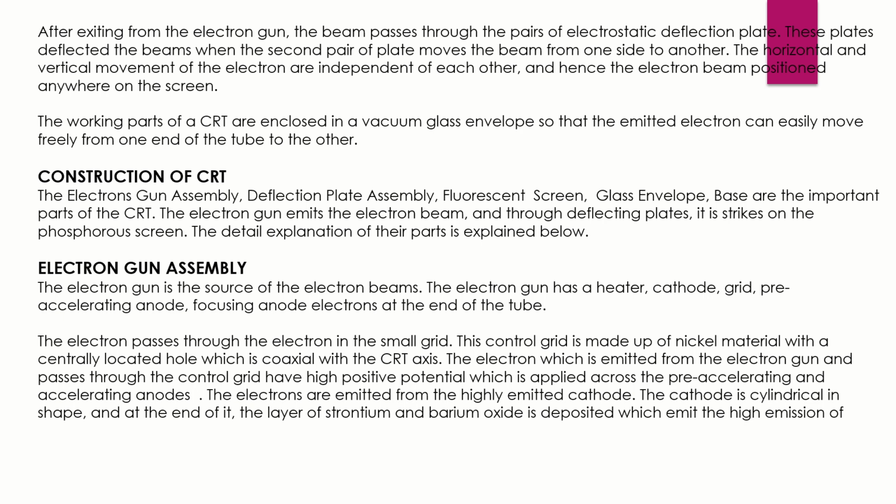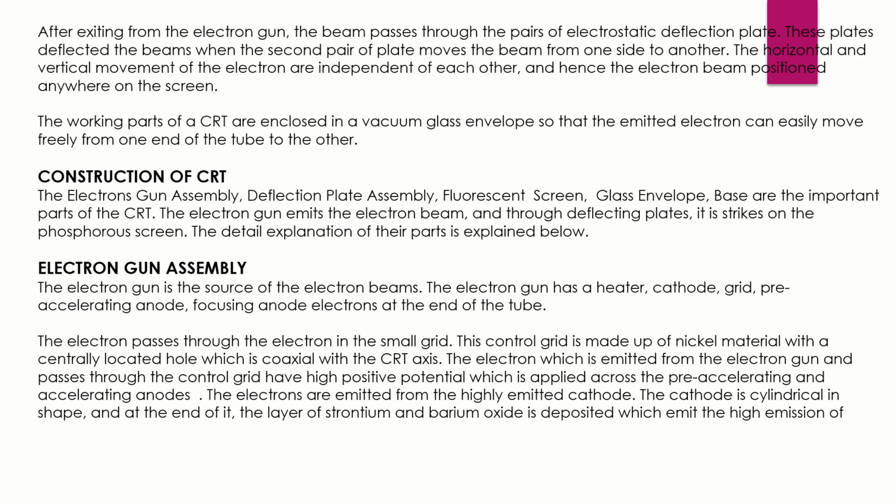These plates deflect the beam, and when the second pair of plates moves the beam from one side to another. There are two electrostatic deflection plates, horizontal and vertical, and the movements of the electrons are independent of each other, and hence the electron beam can be seen anywhere on the screen.